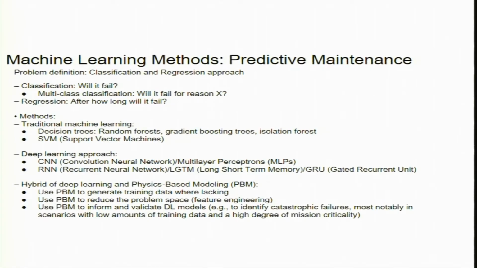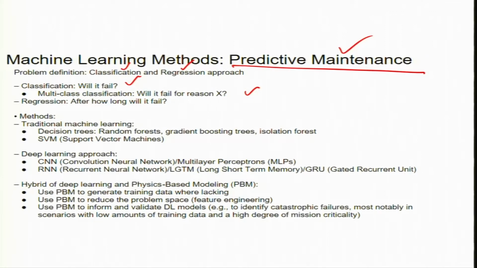So, therefore, machine learning methods for predictive maintenance are going to solve two different problems. One is called classification, the other is called regression problem. Classification means will it fail or not. So, it will classify into two classes, sometimes multi-class classification, also will it fail for a particular region X. This is all classification where yes or no or multiple classes are there.